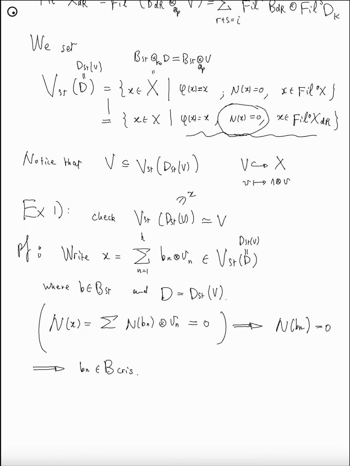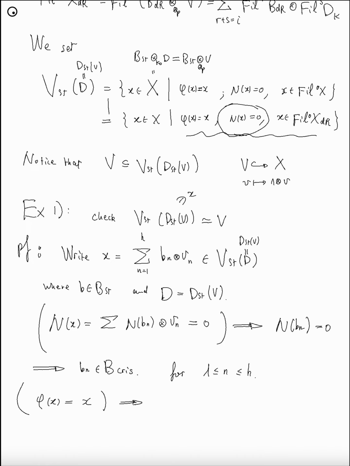Okay, so let's just continue with this. So this works for any n bigger or equal than 1, less or equal than h. Similarly, we also have the second condition, phi x equals x.